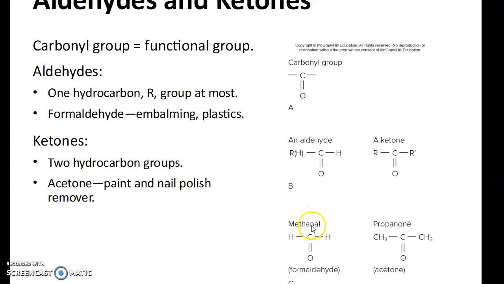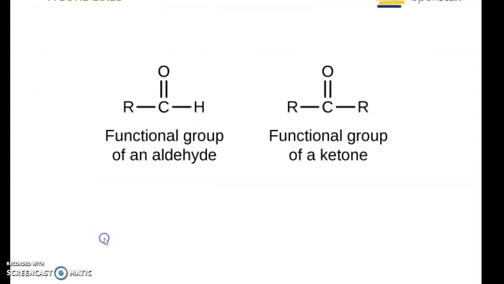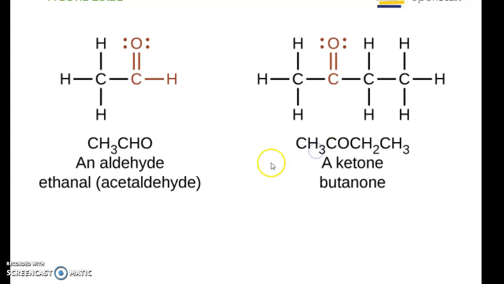These end in AL, as opposed to the alcohols which ended in OL, right? And this ends in ONE, instead of an ANE. So endings are very important. So this is the functional group of an aldehyde. This is the functional group of a ketone.